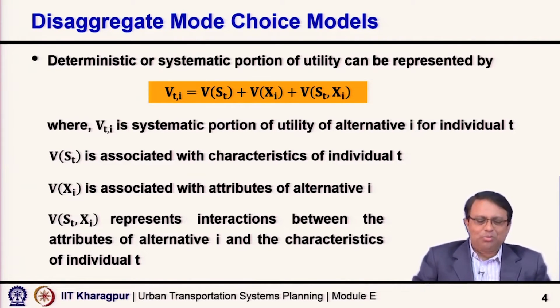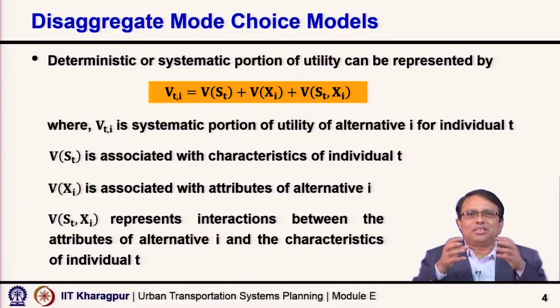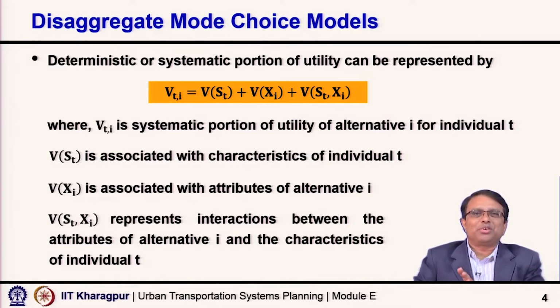And the third component is V(S_t, X_i), which represents interaction between the attributes of alternative i and the characteristics of individual t. Attributes and characteristics, they are interacting, that interaction component is getting represented. So, that is the major three components of a utility function.